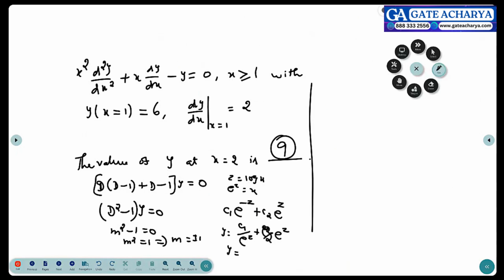So y is equal to c1 e power minus z plus c2 e power z. Since z is log x and e power z is x, y equals c1 by x plus c2 x. This is our y.